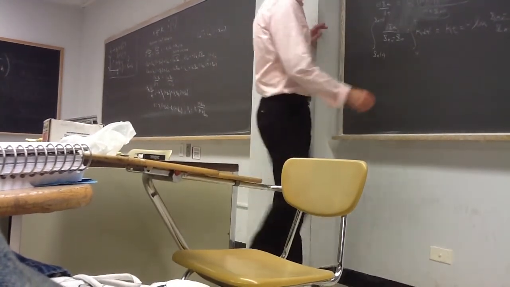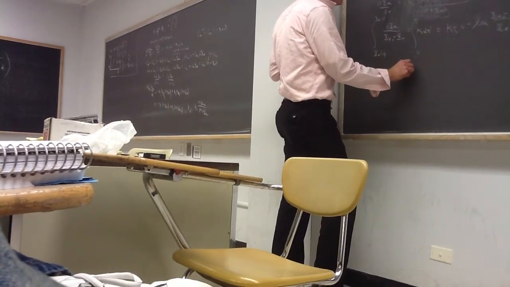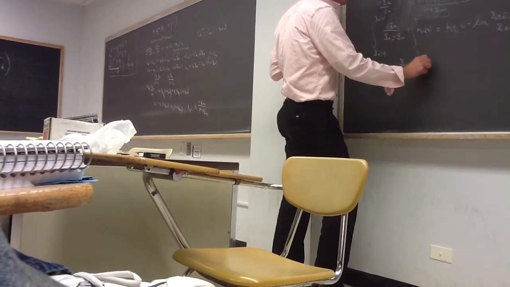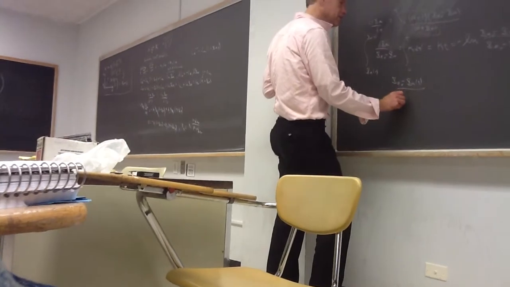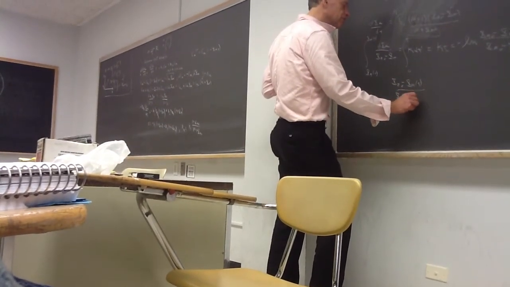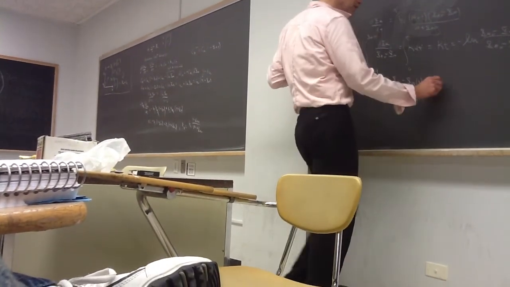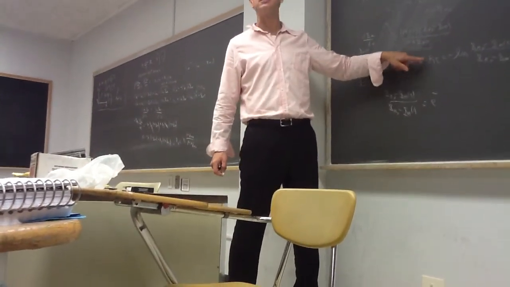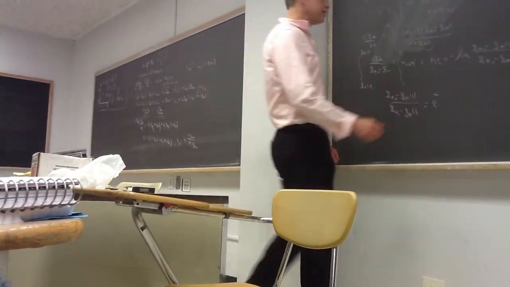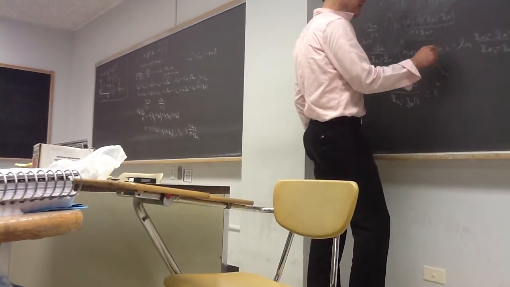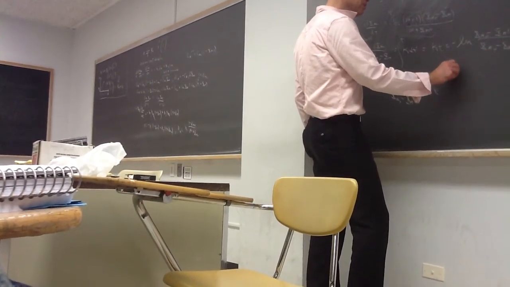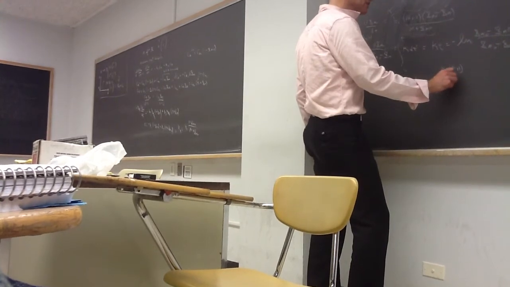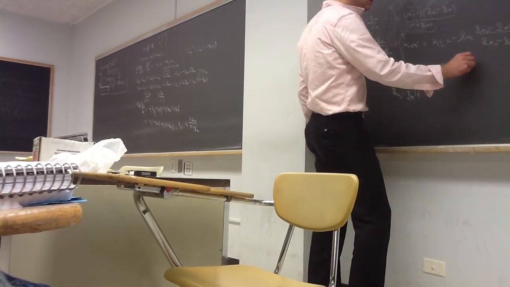Well, what you find here is that (XAE minus XA of t) over (XAE minus XA of 0) is equal to e to the minus, bringing the minus onto the other side and taking the exponential, and now I'll plug in for capital K: K1 (M plus 1) over (M plus XAE) times t.